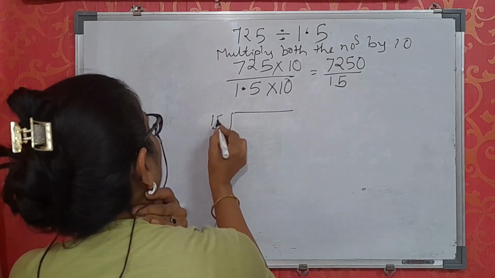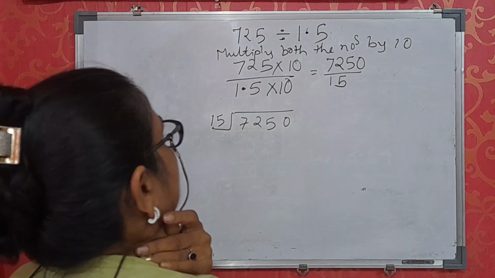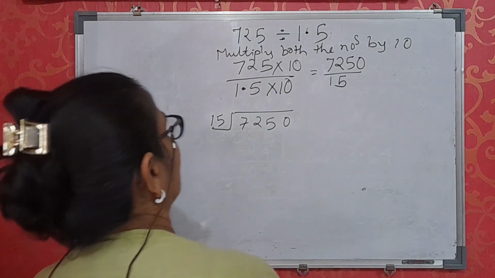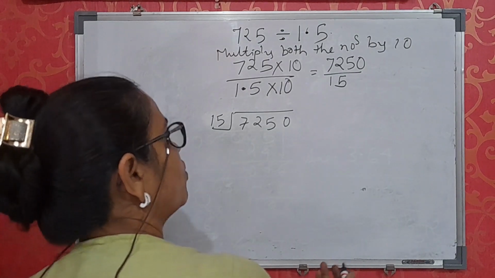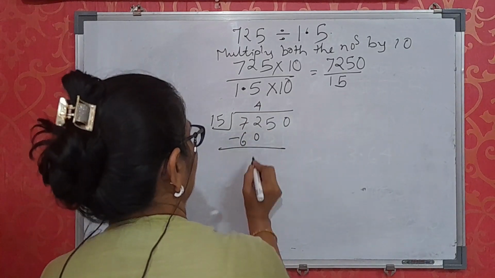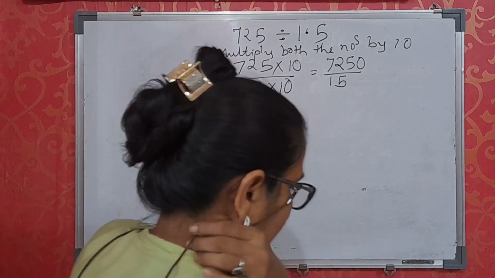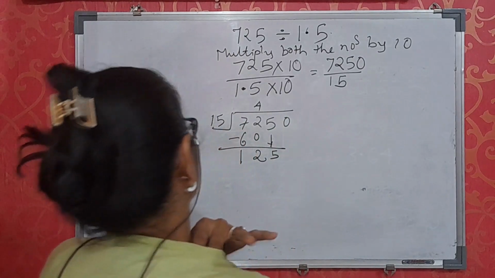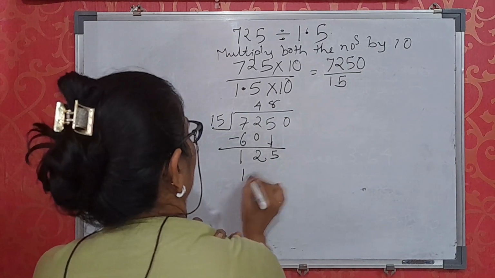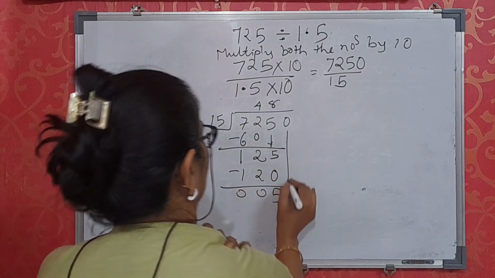How are you doing it? 7250. 15 5s are 75 and 15 4s are 60, which is less than this 72. Take the new number down. In the 15 table 125 doesn't come, so 15 8s are 120. Take 0.